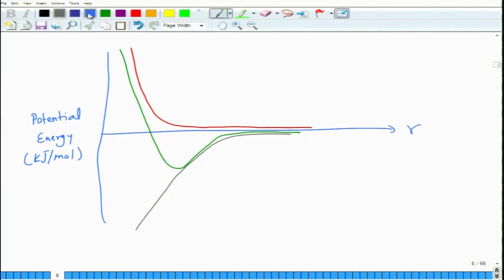So this would be the term which is attraction, and this is what is going to give you the minima.